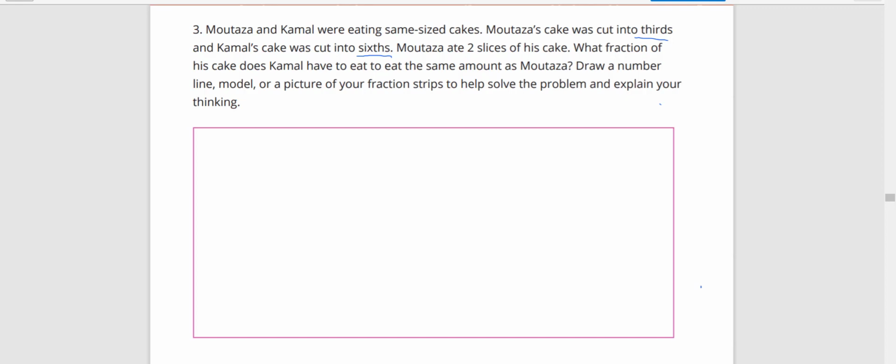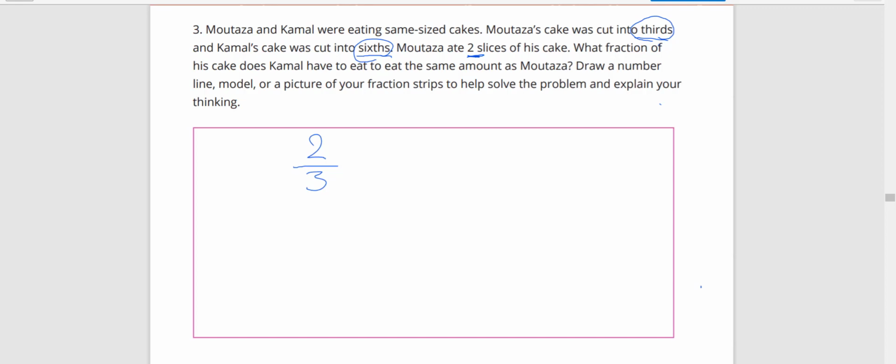Now we have the same size of cakes for Mu'tazza and Kamal. But Mu'tazza's cake was cut into thirds and Kamal's cake into sixths. Mu'tazza ate two slices of 3, 2 over 3.